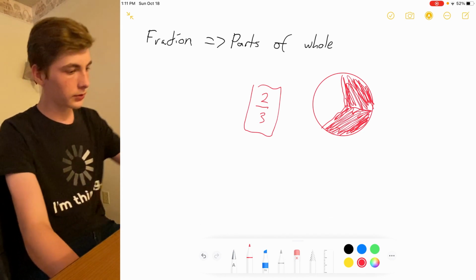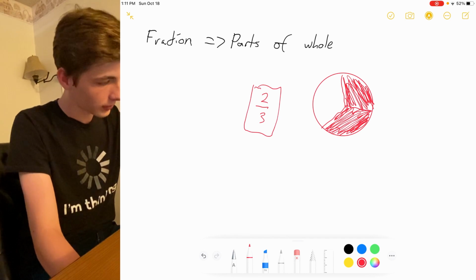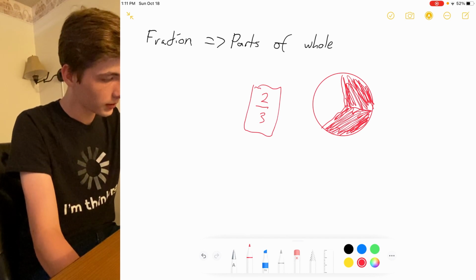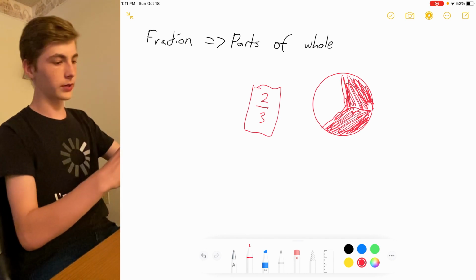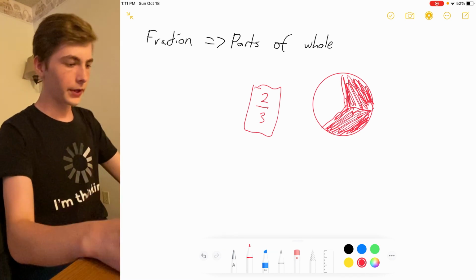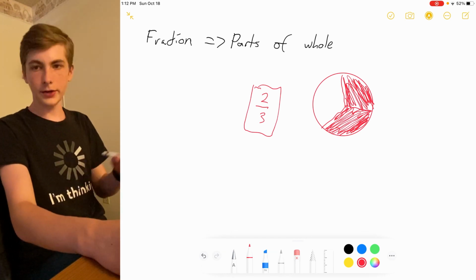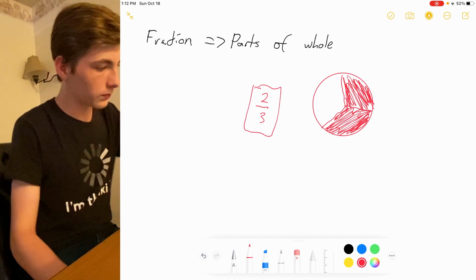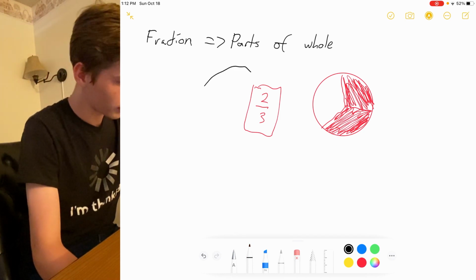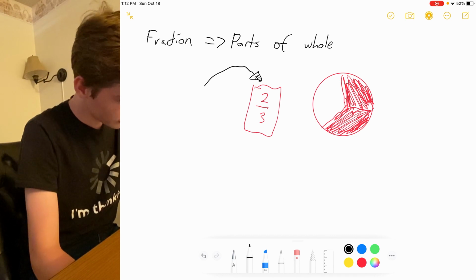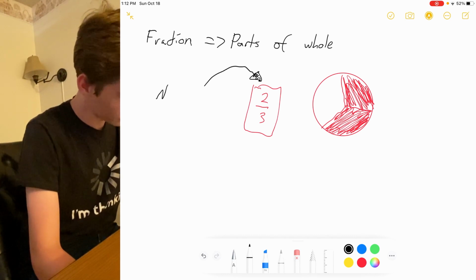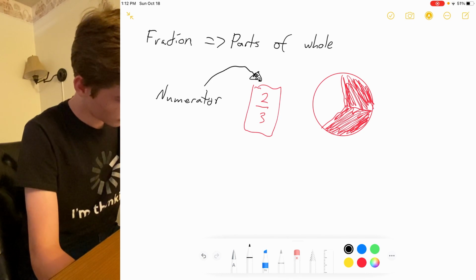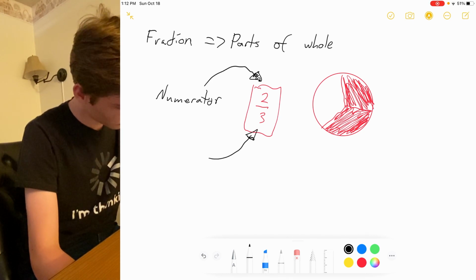Basically, the way we write a fraction is we have a number on top, a number on bottom, and they're separated by a horizontal line, right? And we have names for these different parts. This number on top, we call the numerator. And this one down here, we call the denominator.